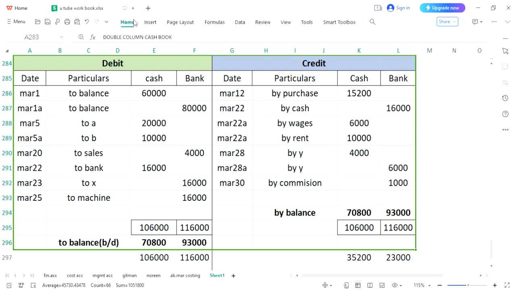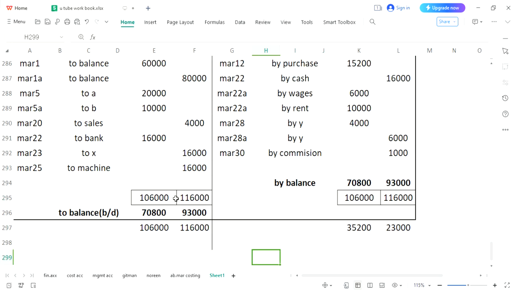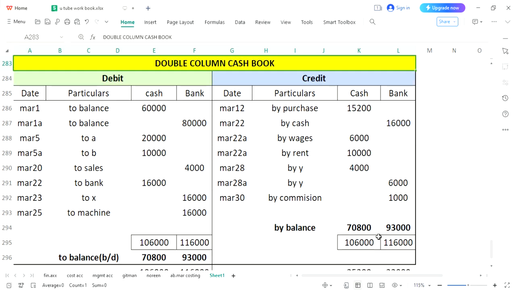Okay, come over here and we are going to put a border. So this is your cash book. Please note it down. These totals were rough work. You may erase them when you complete. So our cash book has been completed. Look at this shape, it is clearly visible.